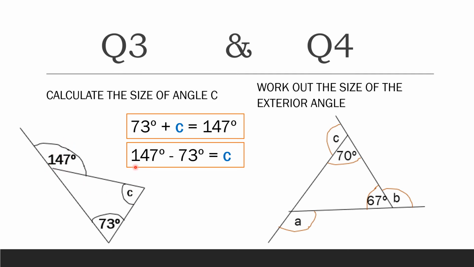So when we subtract 73 degrees from 147 degrees, we get 74 degrees, which is the size of angle C. And we can check our answer by adding 74 to 73 and checking whether we get 147 or not.